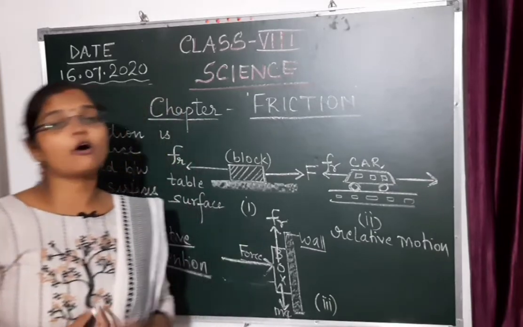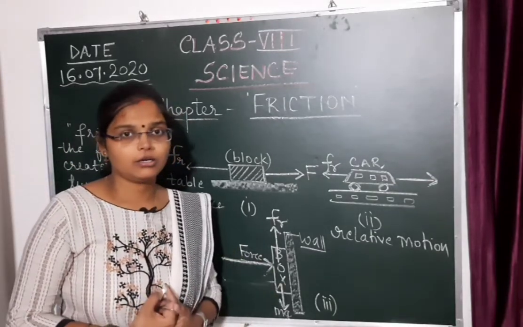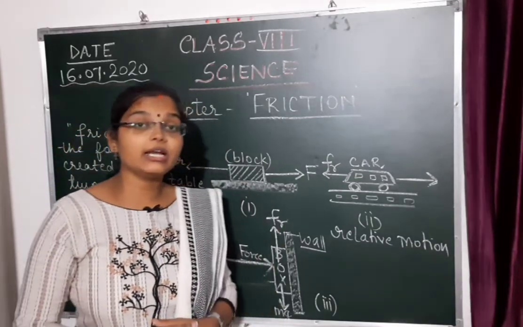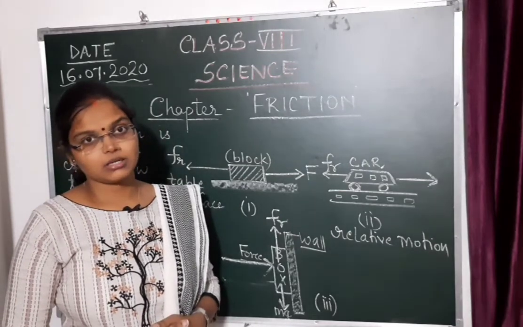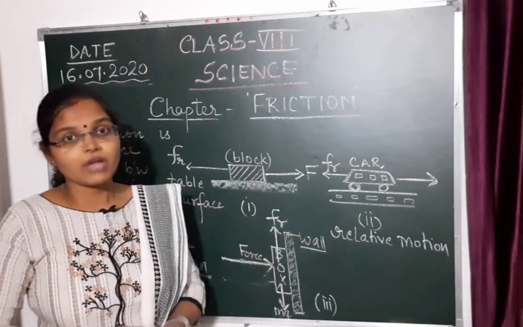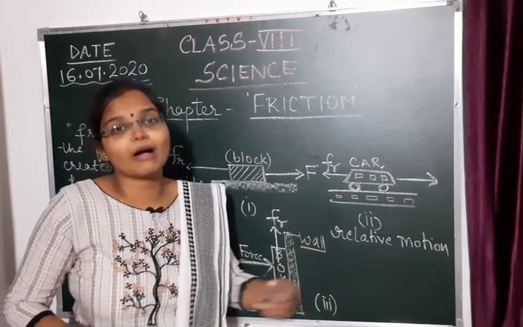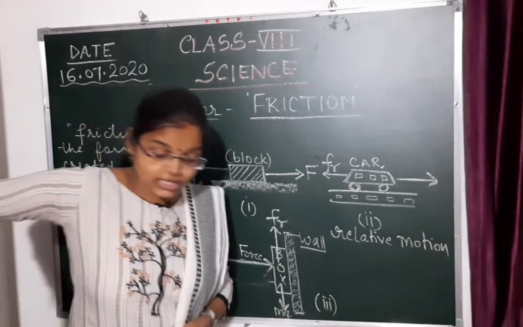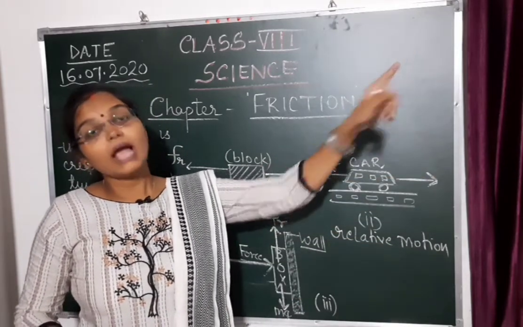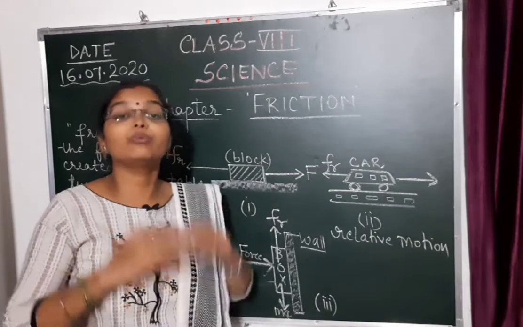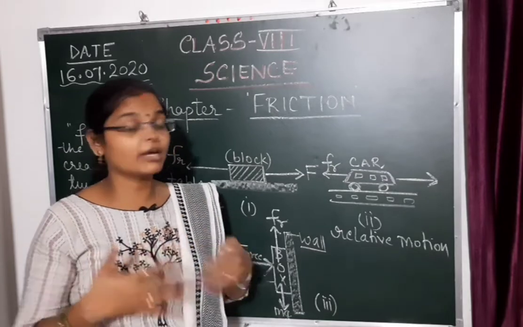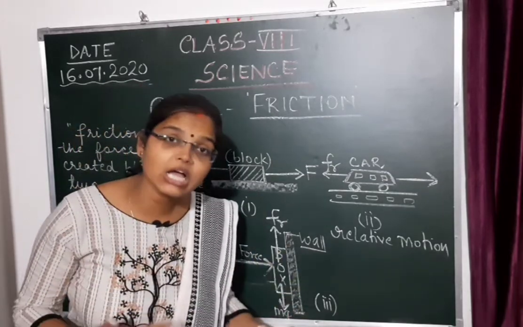Now, what is the cause of friction? Why does it occur? The cause of friction is the nature of the material and the roughness of the surface. If the surface is rough, if the road is rough and you throw a ball, the ball will stop after some time. But if the surface is smooth, the ball will continue and it will take more time to stop as compared to the rough surface.